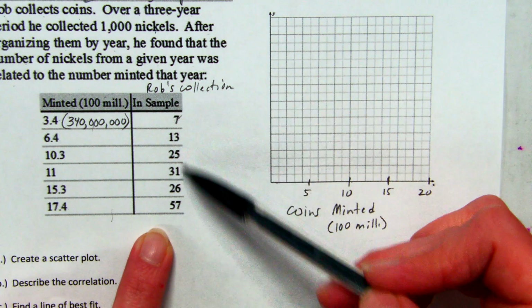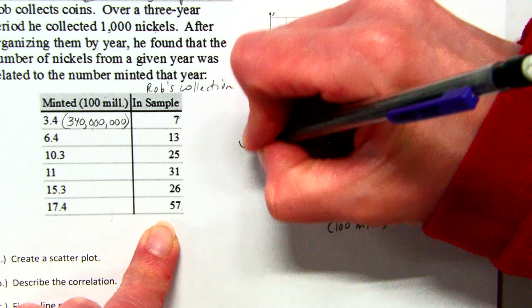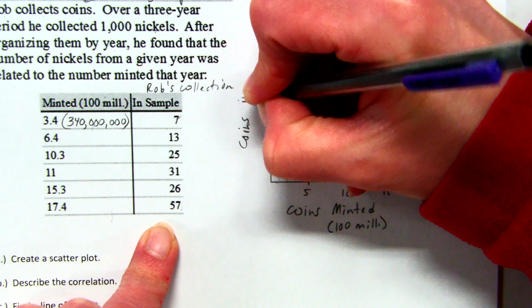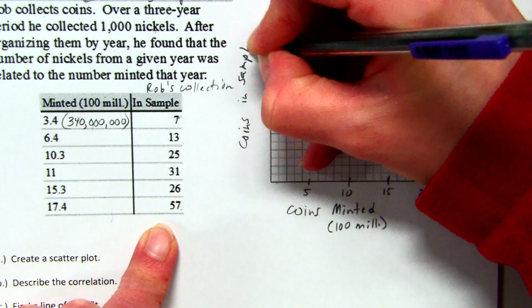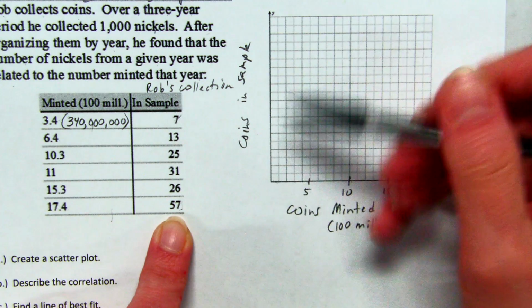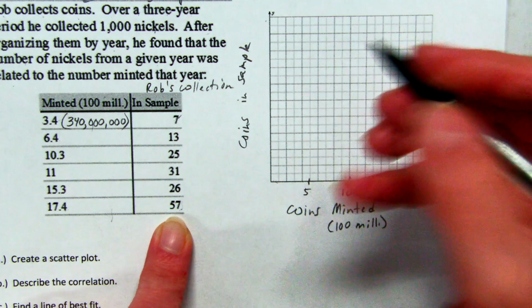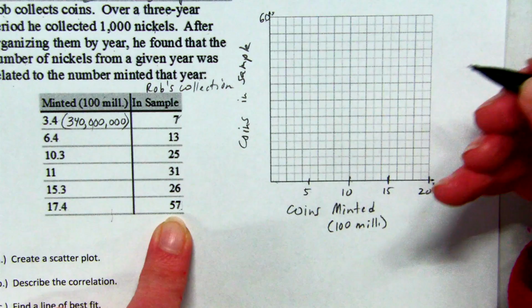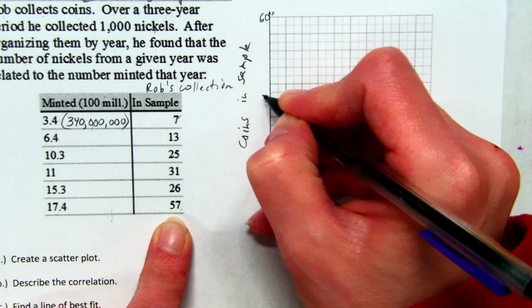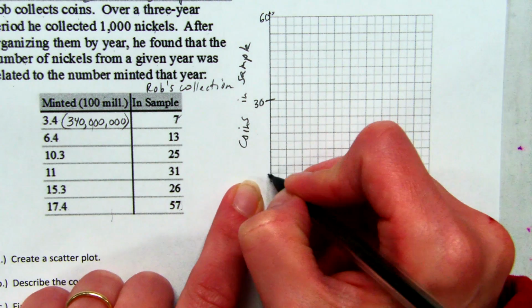Then the Y value is going to be how much is in Rob's collection. So this is the coins and what they're calling the sample. And it goes up to 50. So since I have 20 boxes going this way, I'm going to make them worth 3 each, which means I'm going to top out at 60. Halfway, it's going to be 30. And if you want to mark all of these, you can.